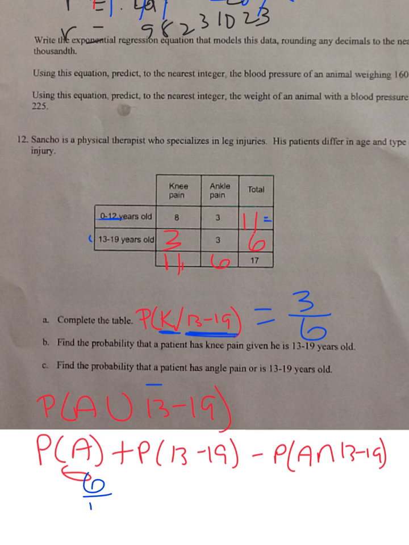Plus the probability that it's a patient between 13 and 19 years old, which is 6 out of 17. The probability that they have ankle pain and they're 13 to 19 years old is 3 out of 17. So 6 out of 17 plus 6 out of 17 is 12 out of 17, minus 3 out of 17 is 9 out of 17. Okay, that's it.